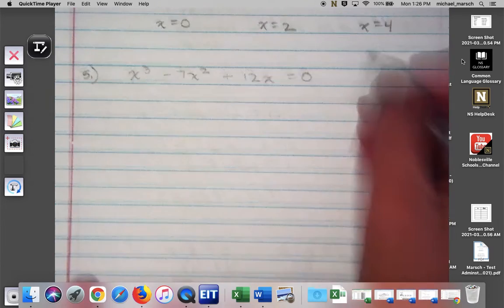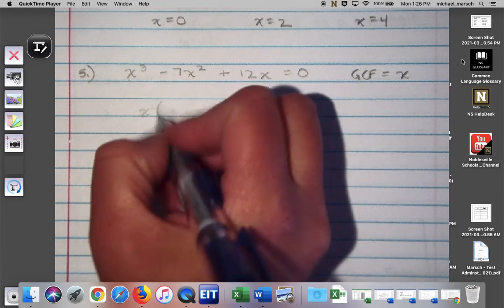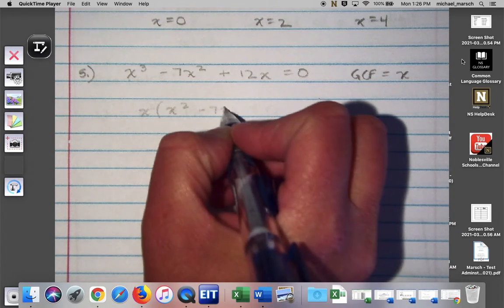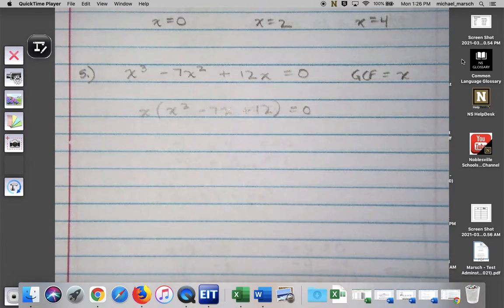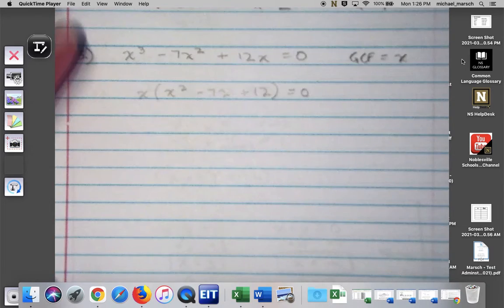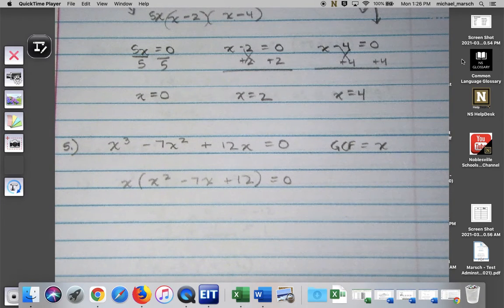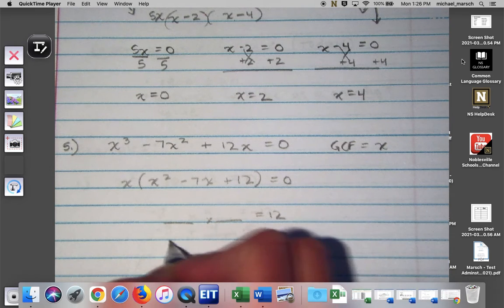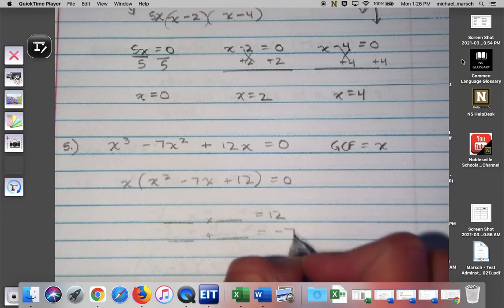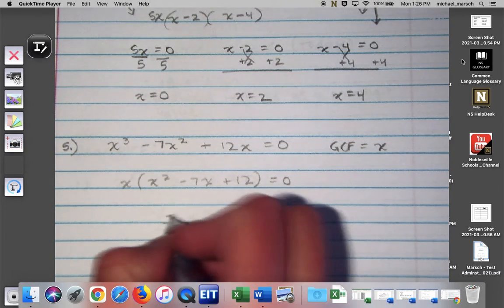Okay, let's do another example here. We have another greatest common factor. What is it? x. Yep. So x times x squared minus 7x plus 12 equals 0. So then I'm going to say what times what equals 12, what plus what equals negative 7. Negative 3 and negative 4. Yep.